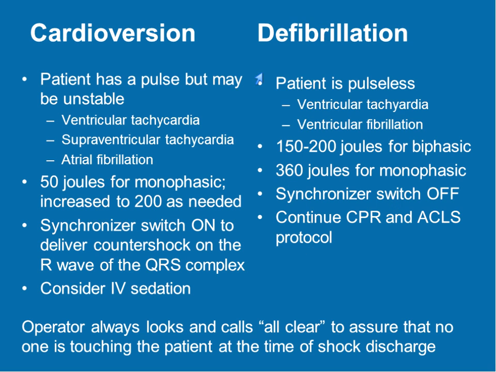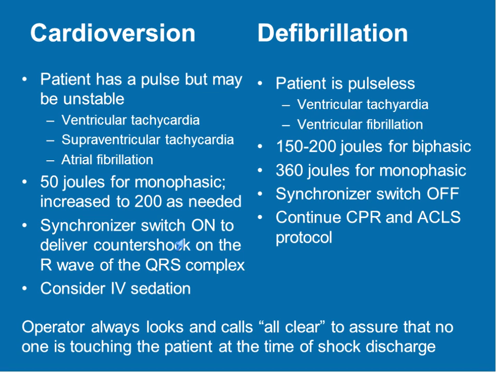Synchronizer switch off. Now, in cardioversion, the patient has a pulse, but they may be unstable. So here are some things that get cardioverted: ventricular tachycardia, SVT, and AFib. We go much lower on the joules.